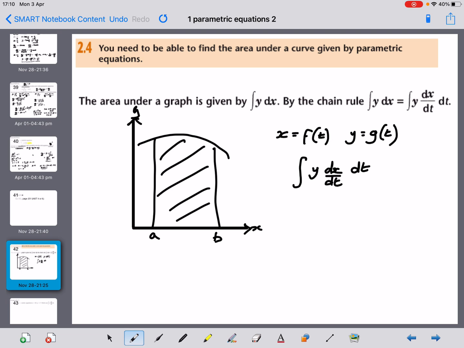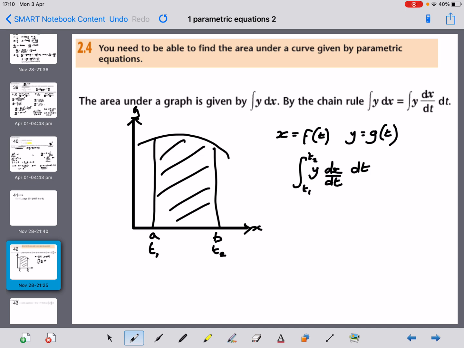That will result in a different function of t that we are then going to integrate with respect to t, and we will have two t limits, t1 and t2. They would be the t limits at these two points here.